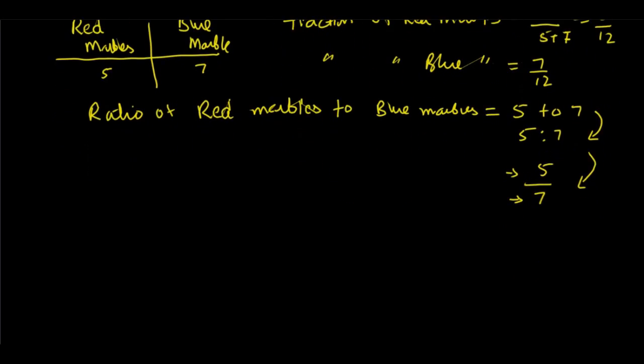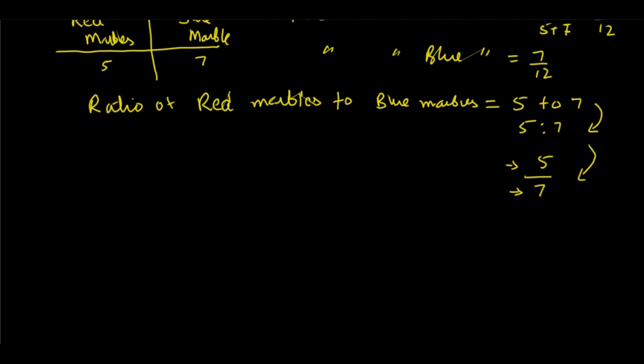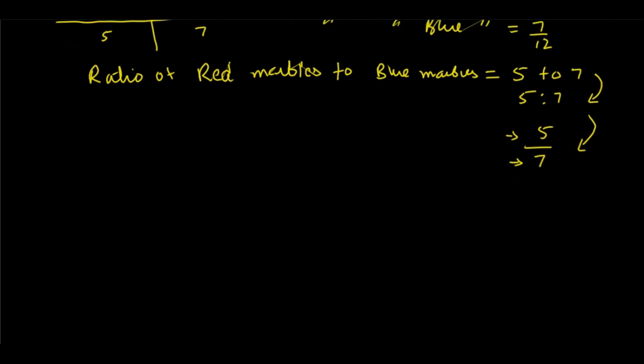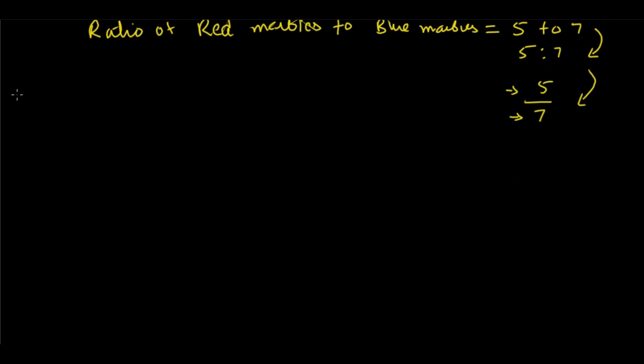Okay, let's do some examples to make clearer what a ratio represents. One particular type of problem you'll be looking at on the GRE is where you're going from a ratio to a percent.